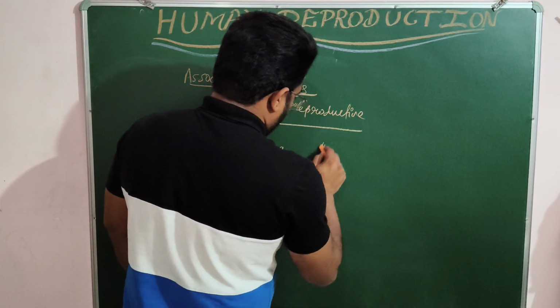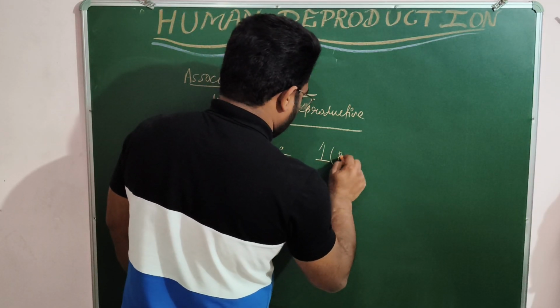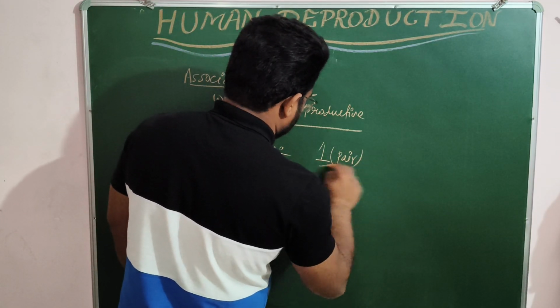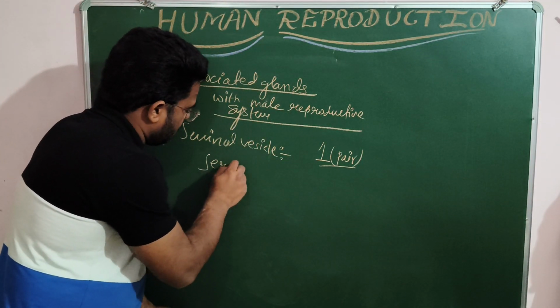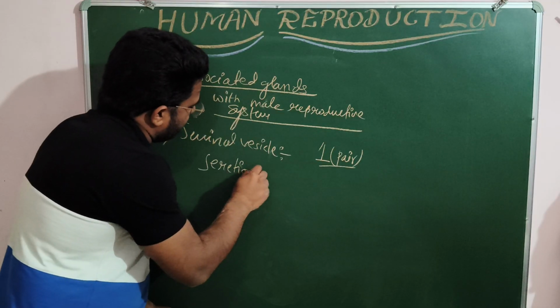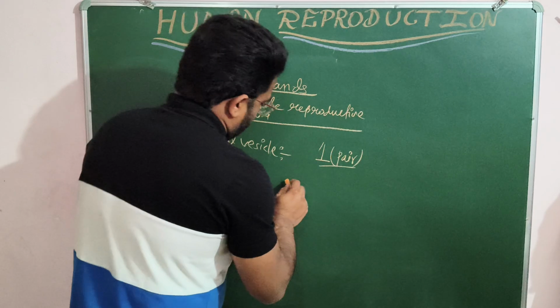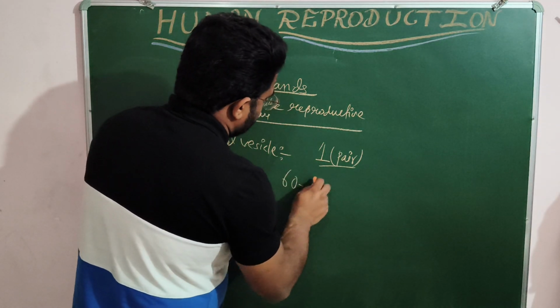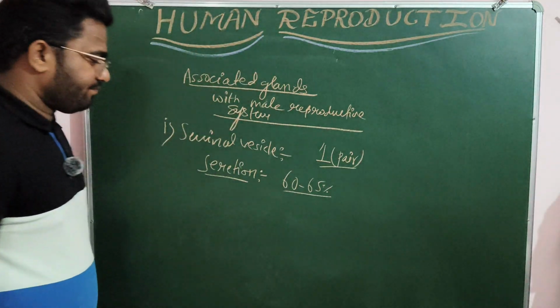Dear student, you have to remember that the number of seminal vesicles is one pair, right? The secretion of seminal vesicle is around 60 to 65% of seminal plasma.